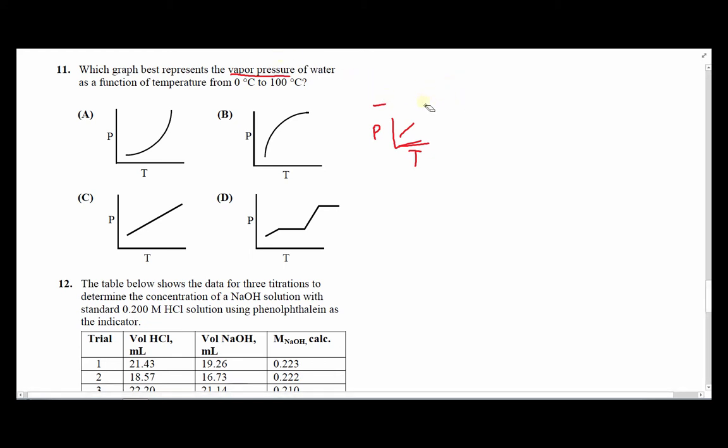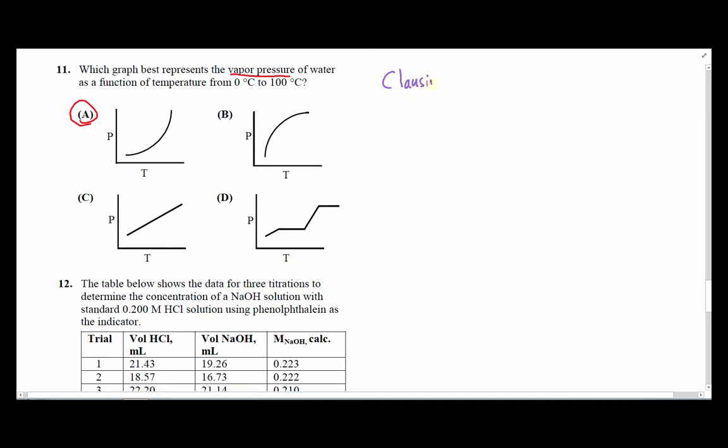So let me show you what equation you really need to use. Well, actually, rather than the equation, the answer actually is A. This relationship was covered in the Clausius-Clapeyron equation. So let me write it for you.